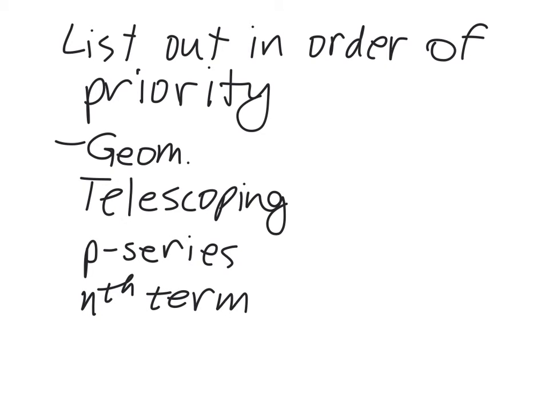Let's see, of these others, well, alternating series is pretty straightforward, but that, again, is very specific. If you've got your (-1) to the n or n plus 1, something like that.